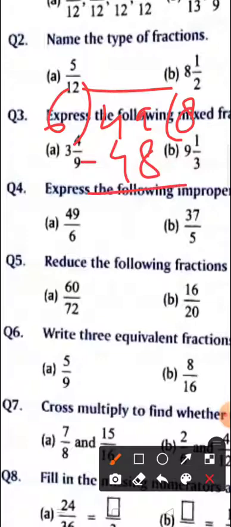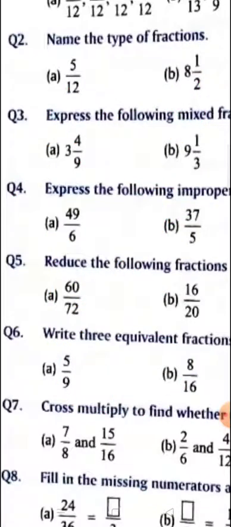Now what is your remainder? 1. This will be your quotient, this will be your remainder, and this will be your divisor. So how do you write it? First the quotient, then remainder upon divisor. Quotient is 8, remainder is 1, divisor is 6. This will be the mixed fraction of this number.